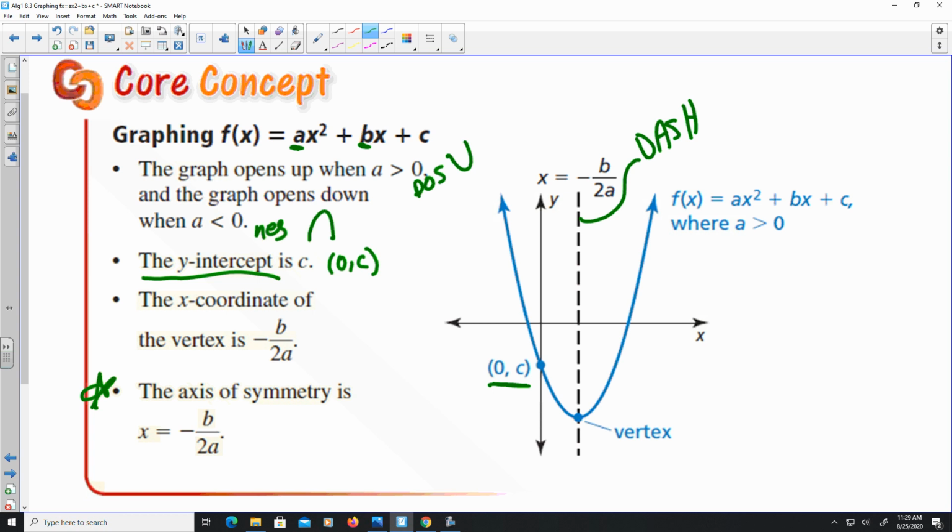Then, when you're looking at the vertex, your x coordinate is going to be whatever negative b over 2a is, comma, and to find the y coordinate, you're going to substitute that number in for x and then solve for f of x, or y.